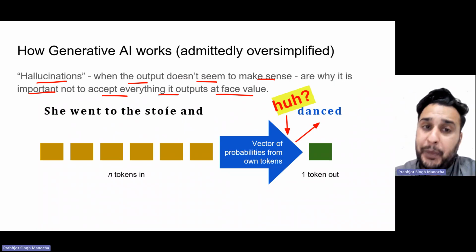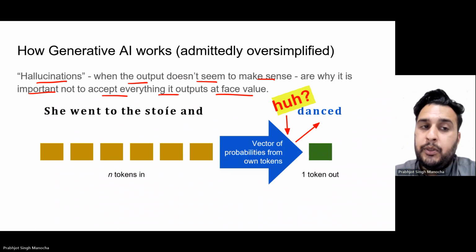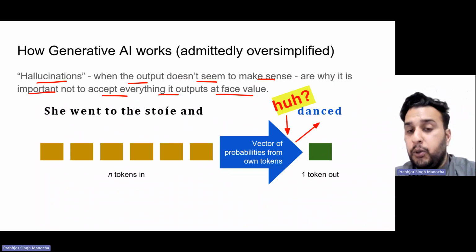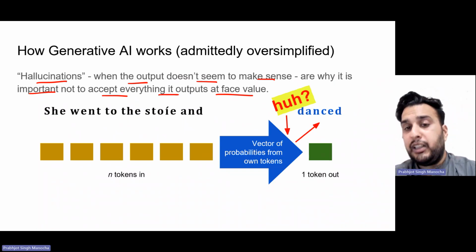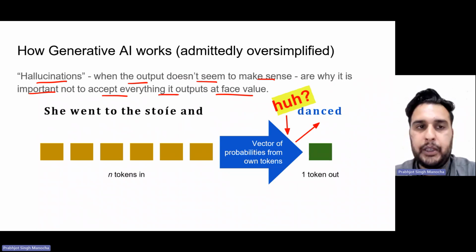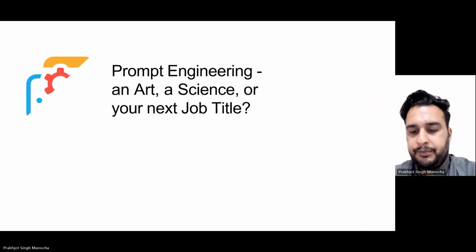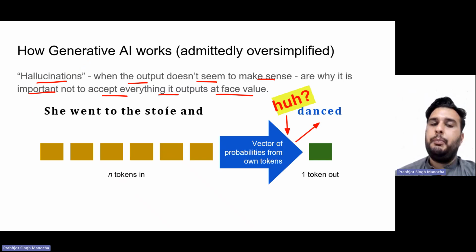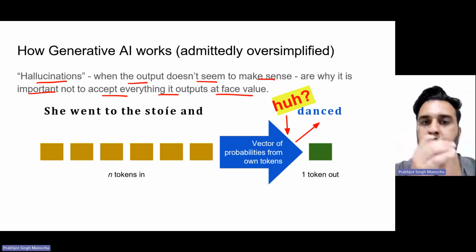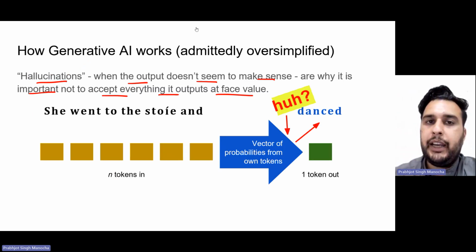So we can expect the system to make some mistakes due to limitations in model capability and also in the data. This is a basic introduction to what generative AI is.